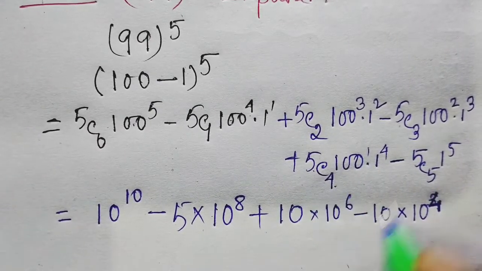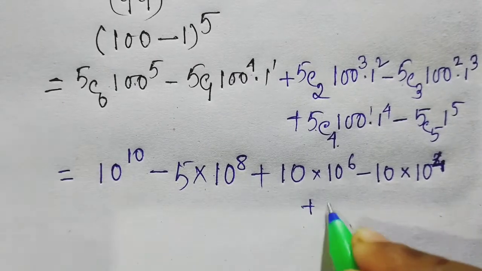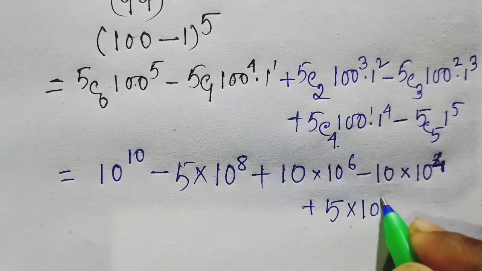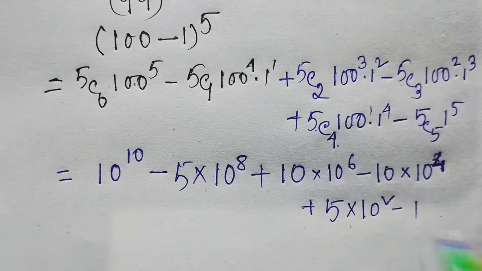And 5c4, that means only 5 into 100 means 10 square, and last 5c5 means 1.